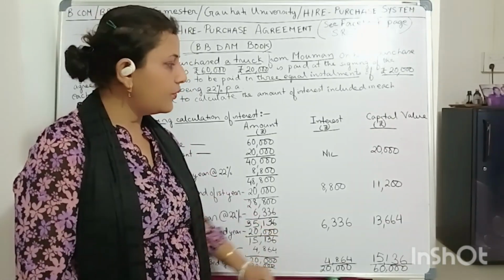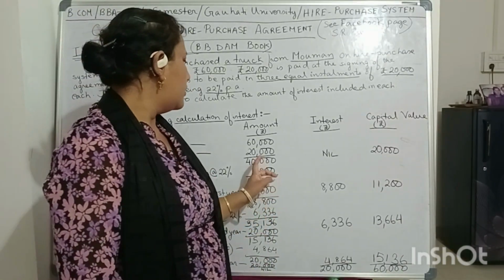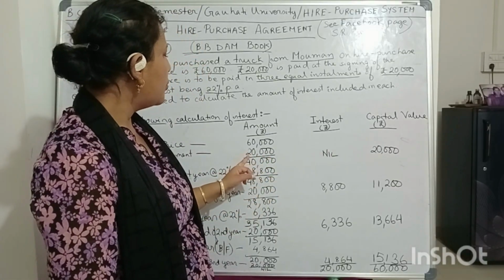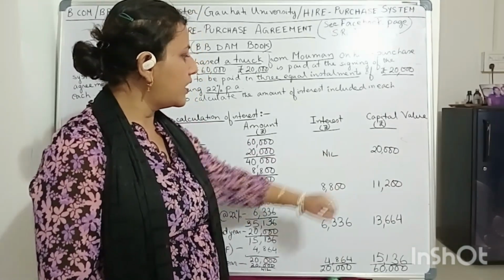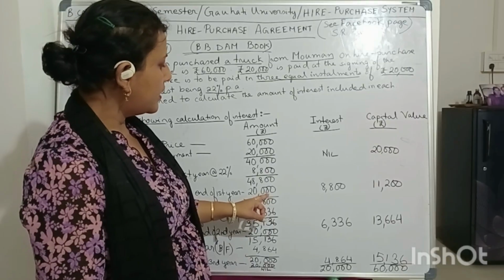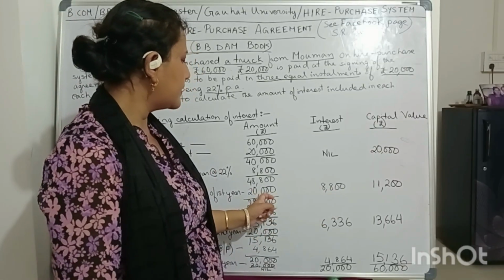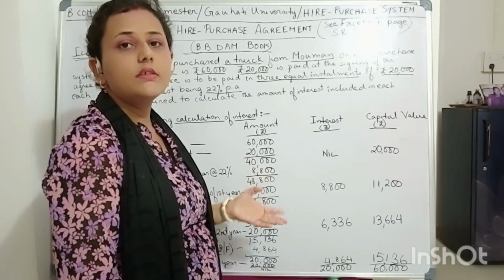Then you see here the capital value. So how much is paid here? It is 20,000. Then you see, from 20,000, if 8,800 is deducted, because the value of each installment is how much?